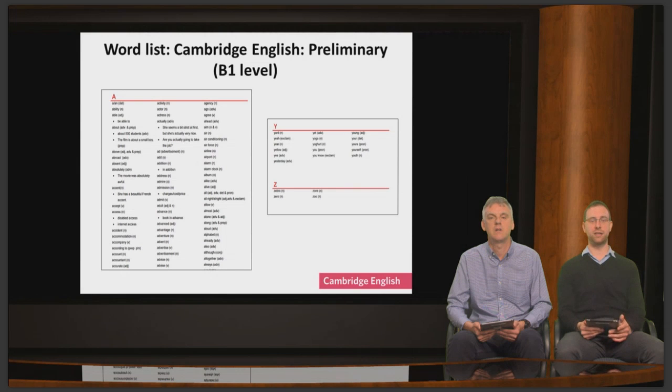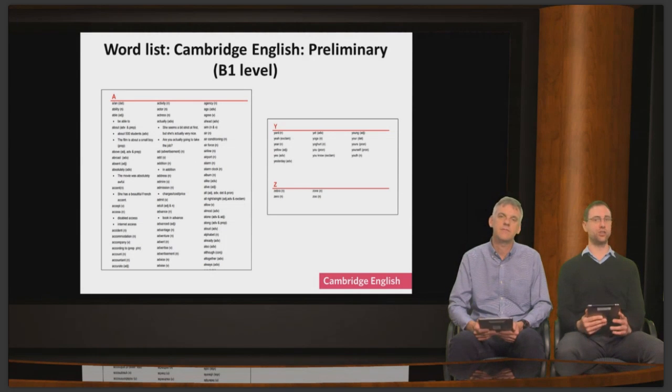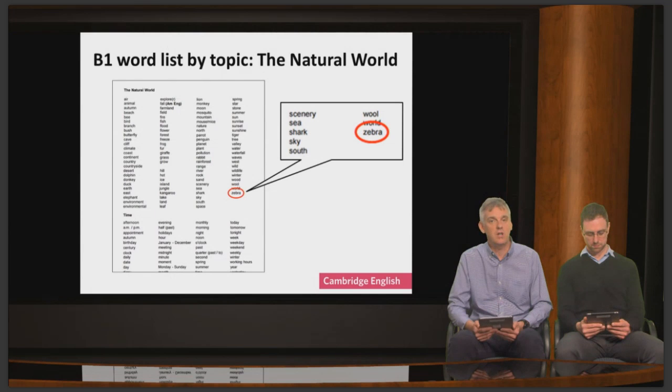And they are the words candidates are expected to understand and may have to know to answer a question in the exam. But the list is not a complete list of every word which might appear somewhere in the exam. And of course, learners should not limit themselves to only learning these words. The same words are also arranged by topic.